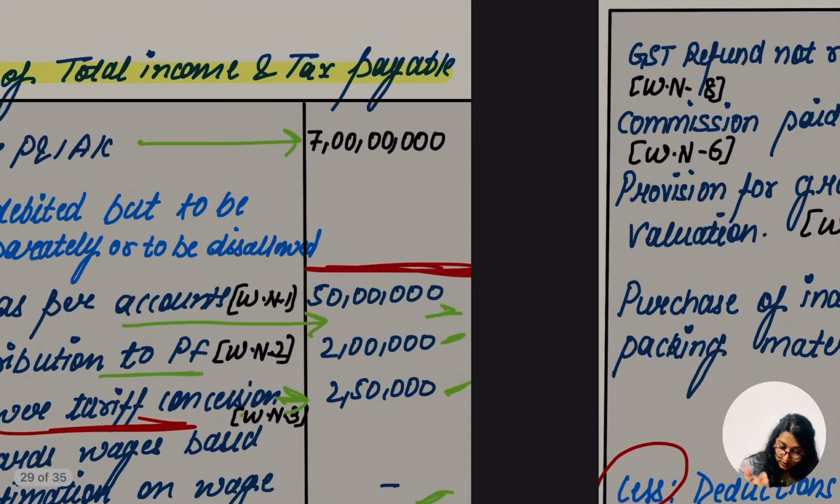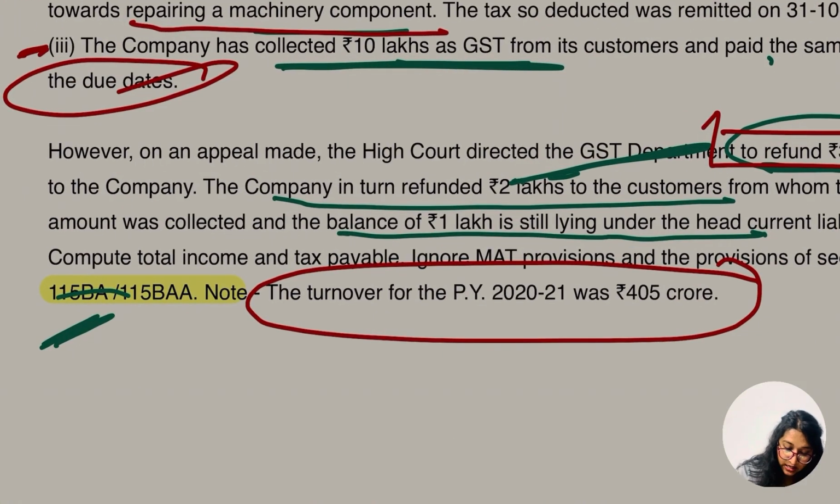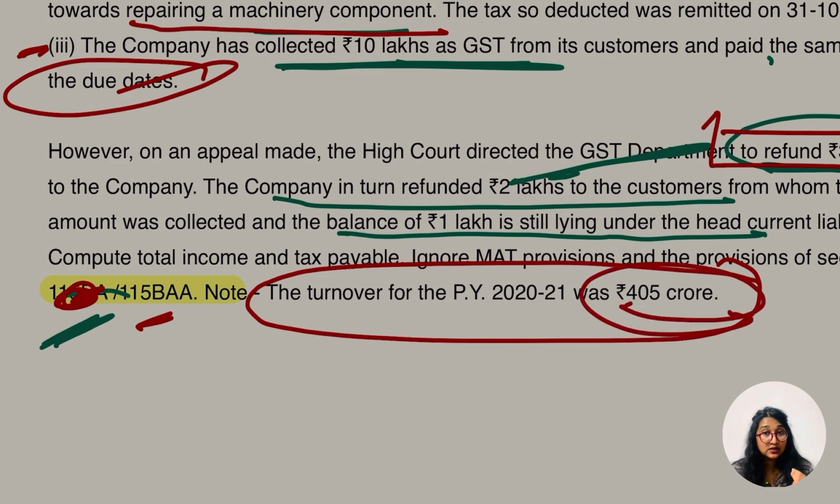Okay, now let's go for the question. They have said not going for the provision of this 115BAA. But what if they have said you have to go for both of these sections, 115BA and 115BAA? So what was the rate for 115BA? Tell me quickly. 22%. Okay, let's assume the turnover of the previous year is less than 400 crore.